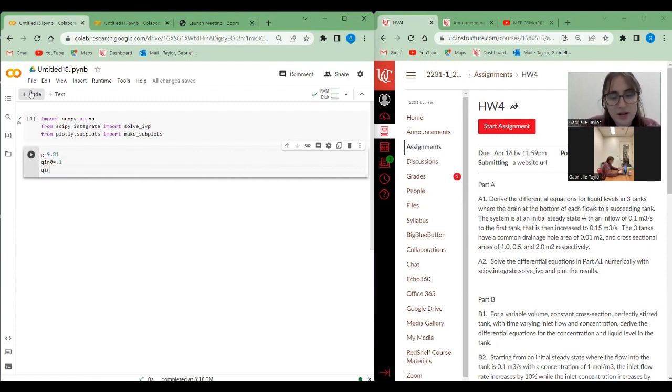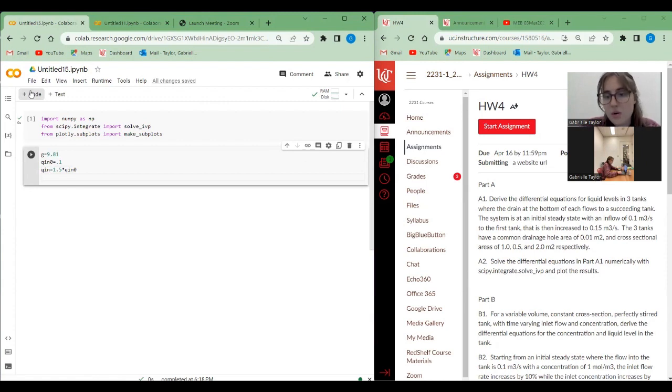Then our Qin is going to change by 50%, so it's going to be 0.5 times our Qin initially. Next, our cross-sectional area of 1, our cross-sectional area of 2, and our cross-sectional area of 3 are going to equal 1.5.